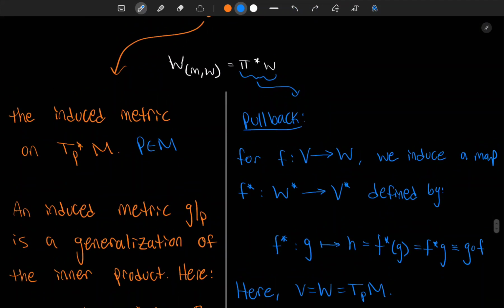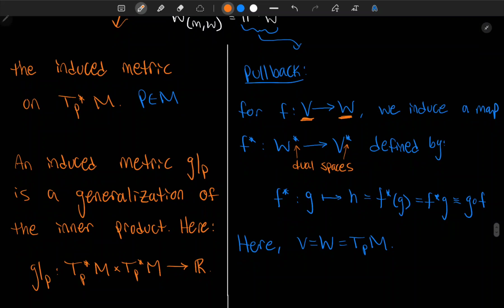And the pullback is the following. For a map f which takes us from a space V to a space W, we actually induce another map, which is f star, and it maps from W star to V star, where the stars on the spaces simply mean the dual spaces, or the spaces of dual vectors.